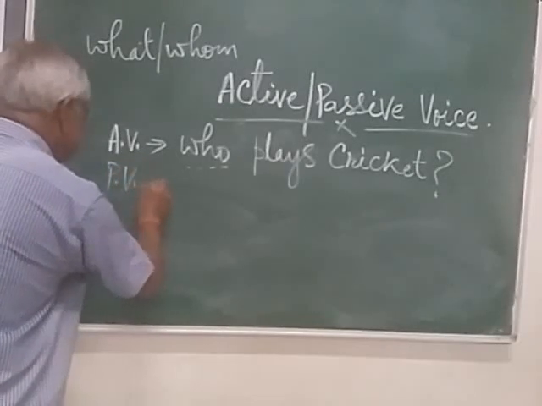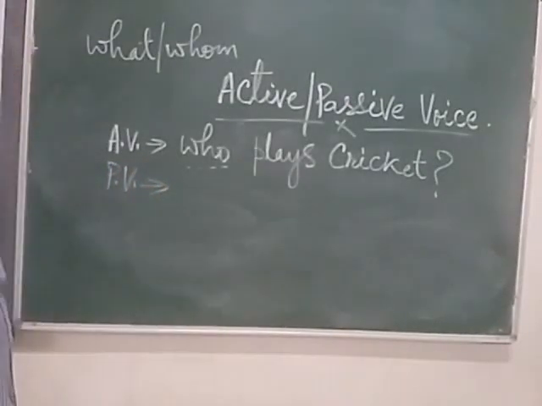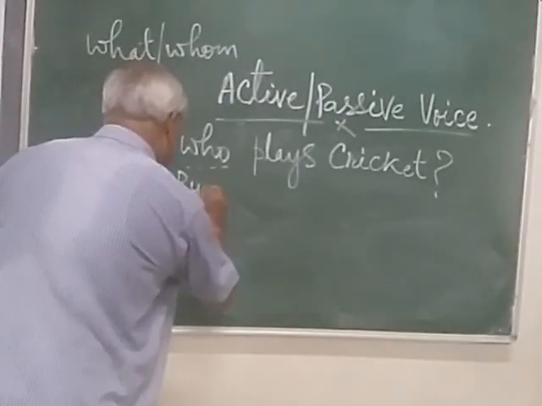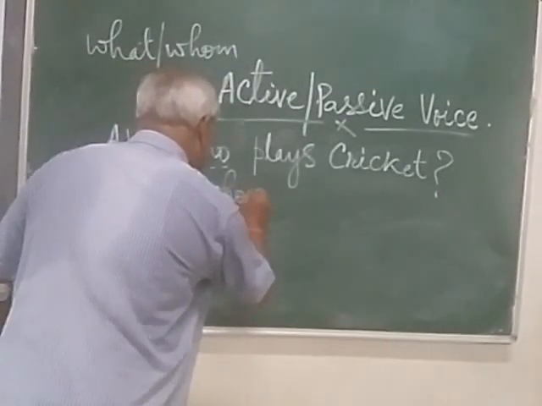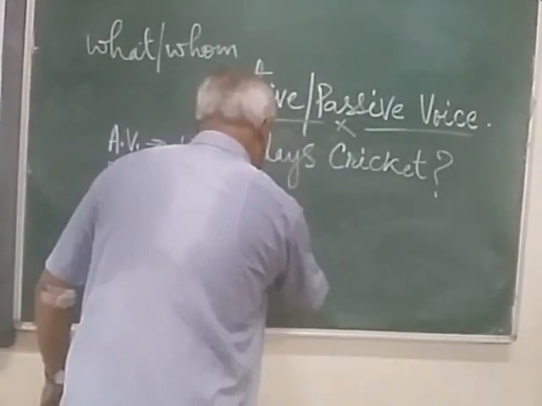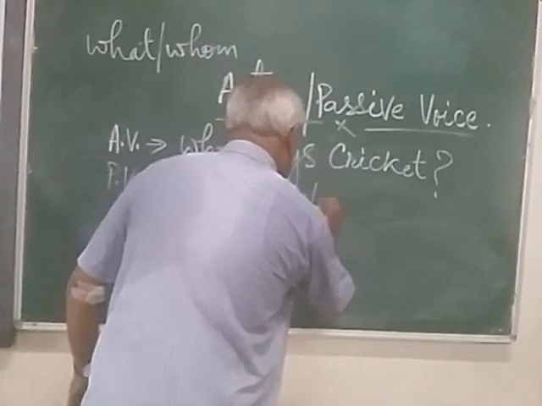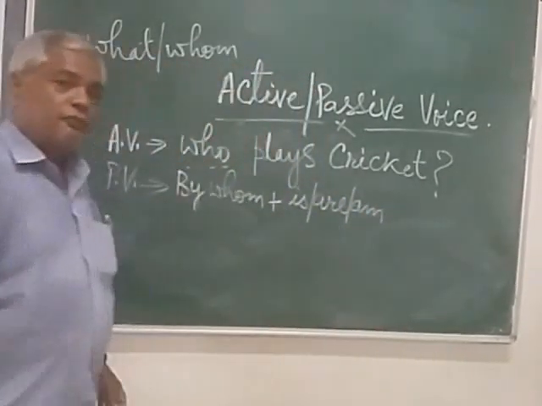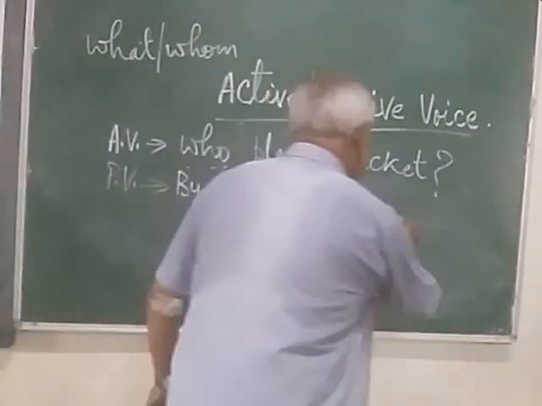So what will be the structure of the passive voice? First of all, by whom. And then after that, is, are, am. Then after that, object.